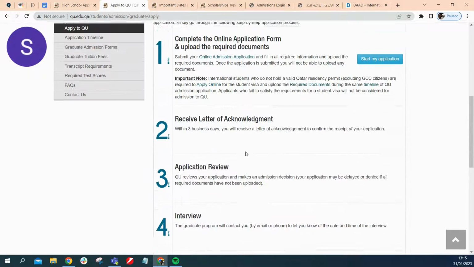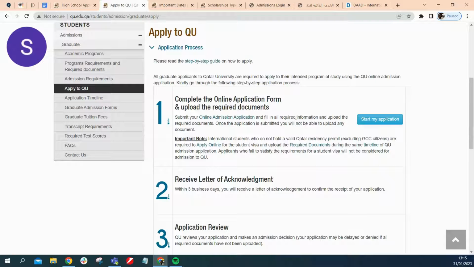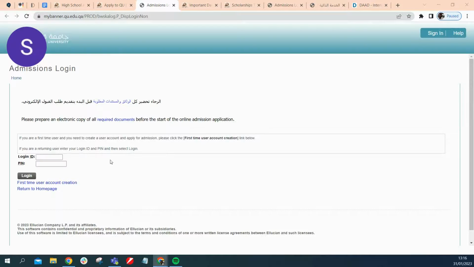So it's basically six steps. So first it says application form. This is where you click to direct you to the site where you start making this application yourself online.